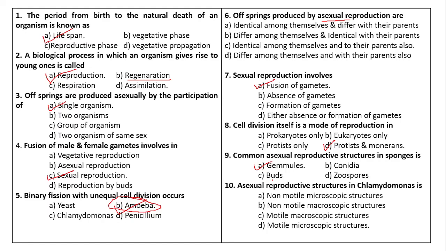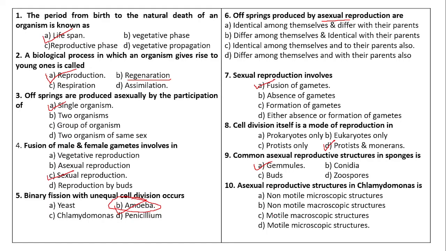But whether they are microscopic or macroscopic: microscopic means they are very tiny, very small in size, and can be seen only under the microscope, and macroscopic means they are visible to our naked eyes.